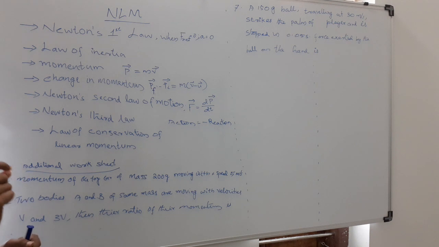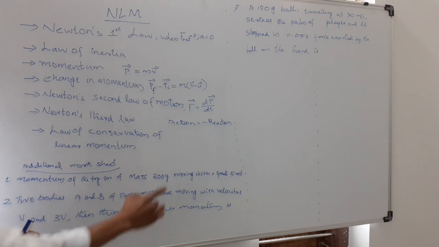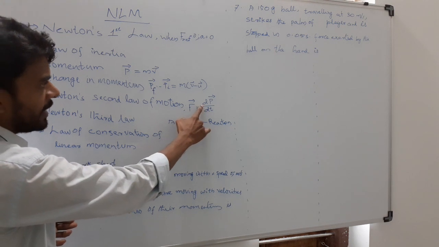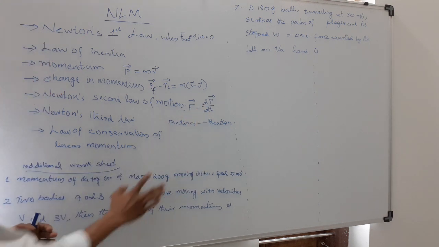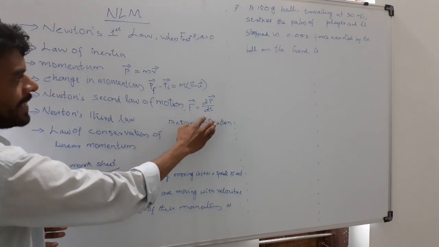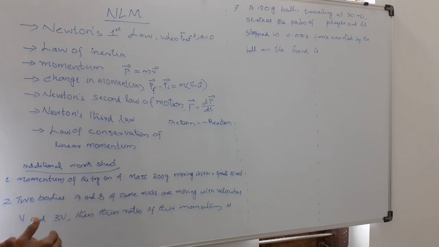We considered mass as constant, and that is how we derived F is equal to ma. When mass is not constant, F will not be equal to ma, rather there will be a change. But always F is equal to dp by dt, the rate of change of momentum.